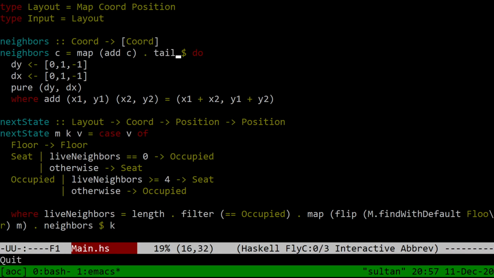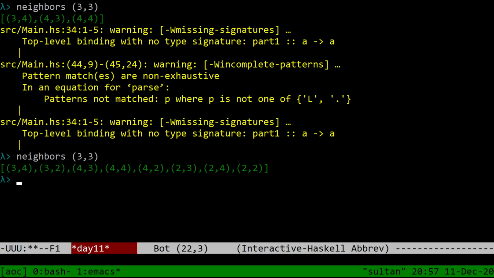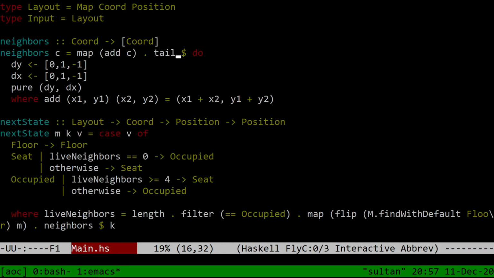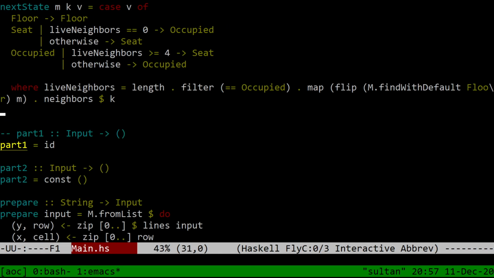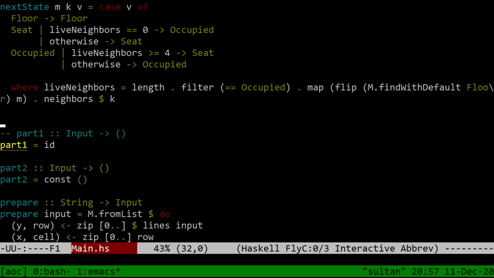I'm generating a list of 9 neighbors, and then I'm throwing away the middle one by calling tail. And so you can't just say, give me the integers from -1 to 1. You could remove the 5th element of that if you did, but that kind of sucks. So this is also highly questionable. Somewhat tacky, perhaps. But as you can see, it generates all combinations of 4s, 3s, and 2s that make sense. And so we have our next state function.